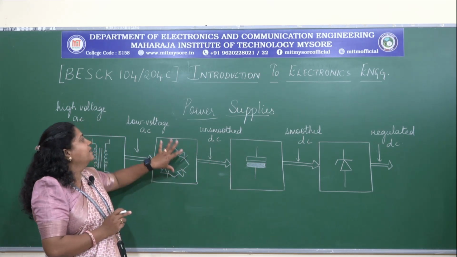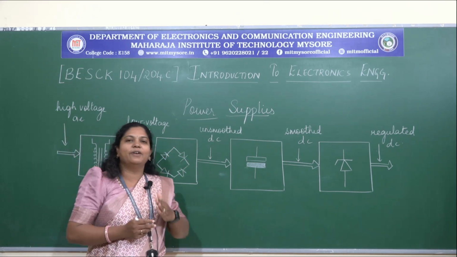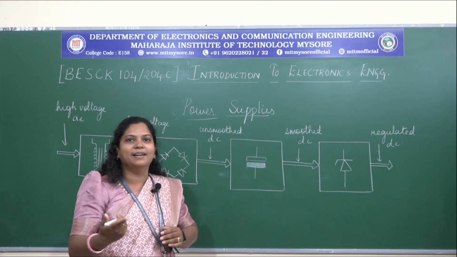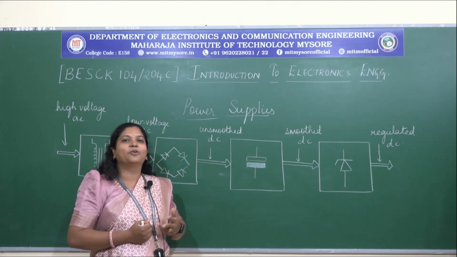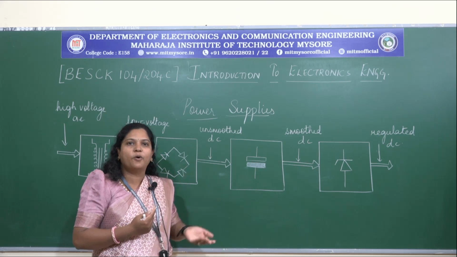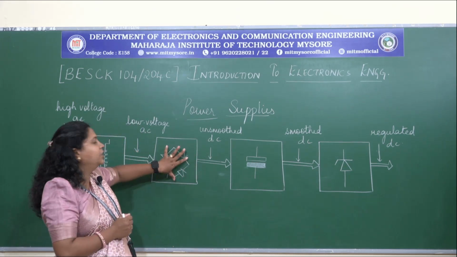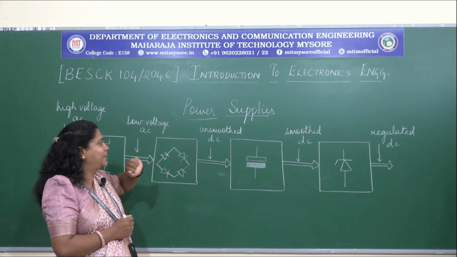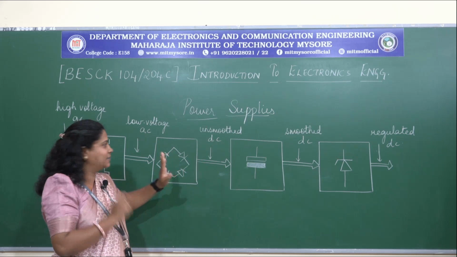We can have the rectifier circuit depending on various aspects. If we make use of one single diode, we call it a half wave rectifier. If we make use of 2 or 4 diodes, we call it a full wave rectifier. So a suitable rectifier circuit has to be used in order to convert from AC to DC.